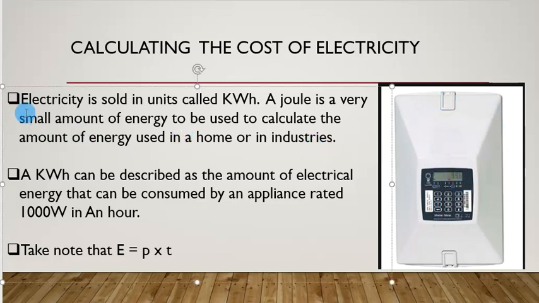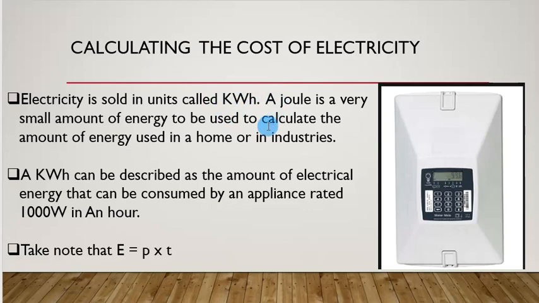Okay, so electricity as energy is sold in units, just like we buy fuel for a car, we buy charcoal. In the same manner, electricity is sold in units. The unit for electricity which is meaningful is the kilowatt hour.